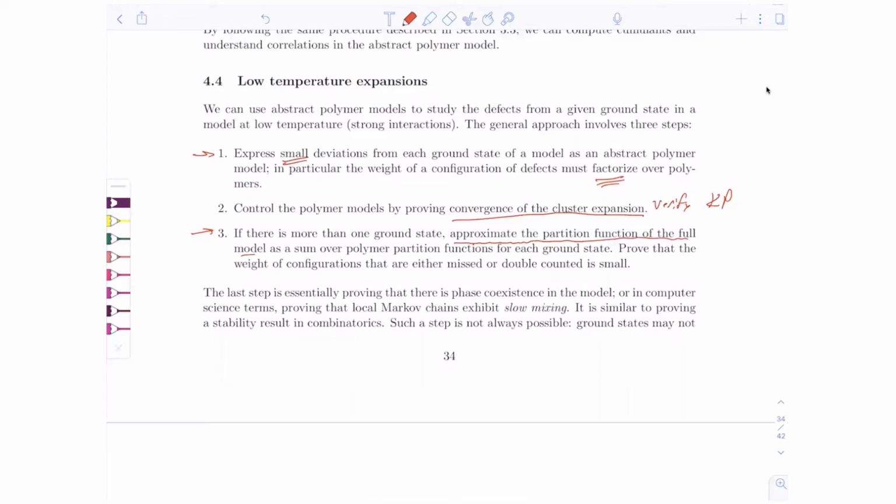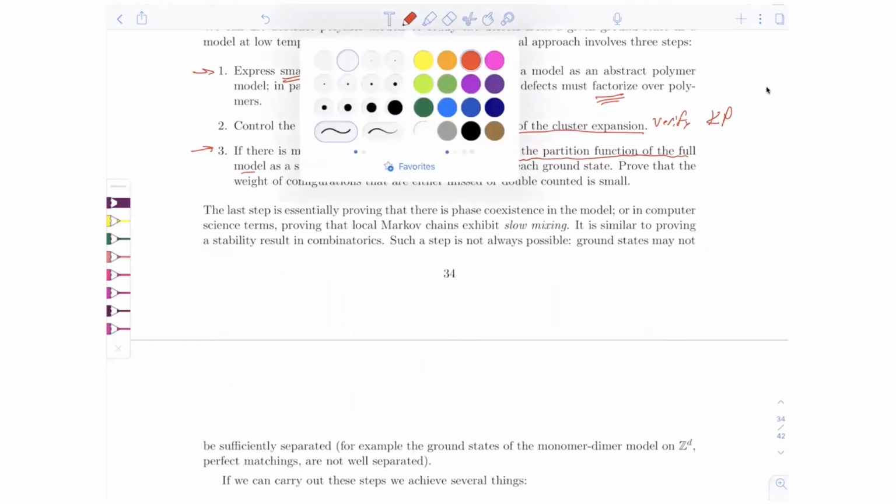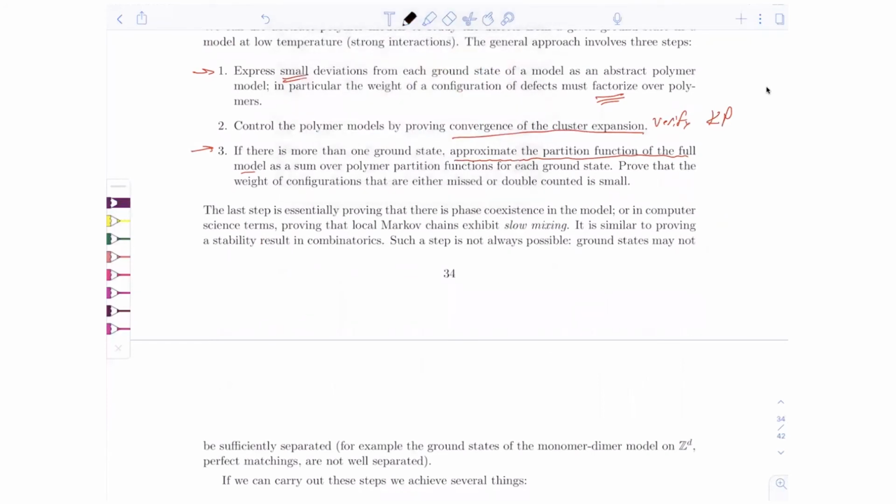And the picture we should have in mind is the state space of the Potts model. Here the vertices, or points, in this picture are configurations.